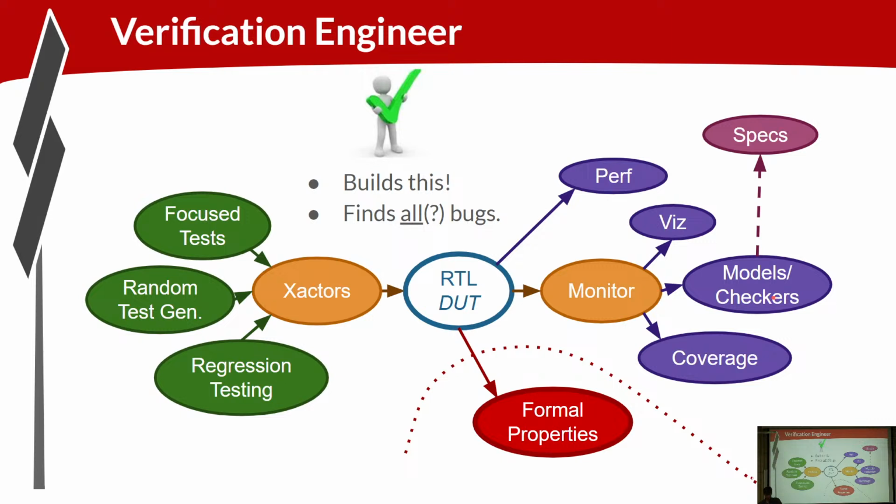So models and checkers, coverage monitors, generally looking at the internals of the design under test as well, and making sure that the stimulus you're providing is covering the situations that you intend to cover. You might have some visualization, you might have performance modeling watching over the RTL to make sure that the RTL and the performance models' performance characteristics are in line with each other.